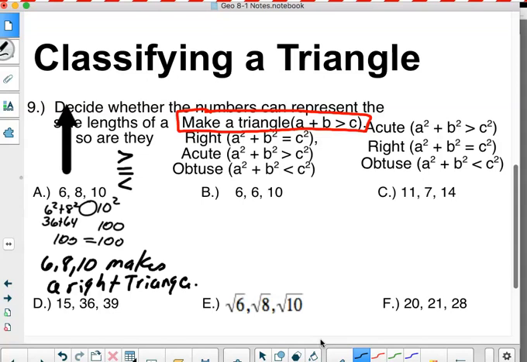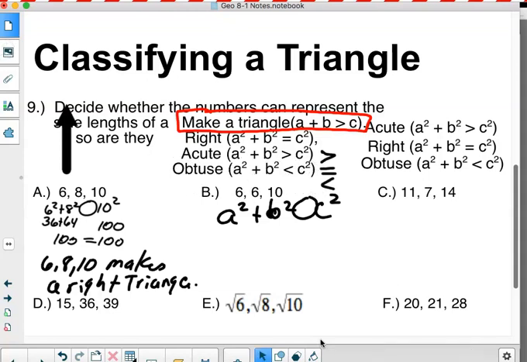Now, you guys go ahead and do B. Remember, the smallest two are a and b. The largest one is c. And you're wondering, which symbols go in there? Every time, which symbols? Okay, so now 6 squared plus 6 squared, 10 squared.